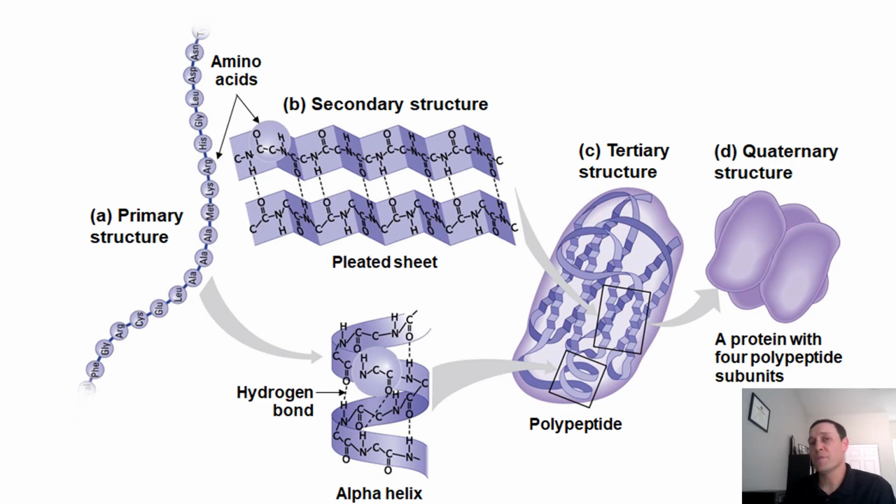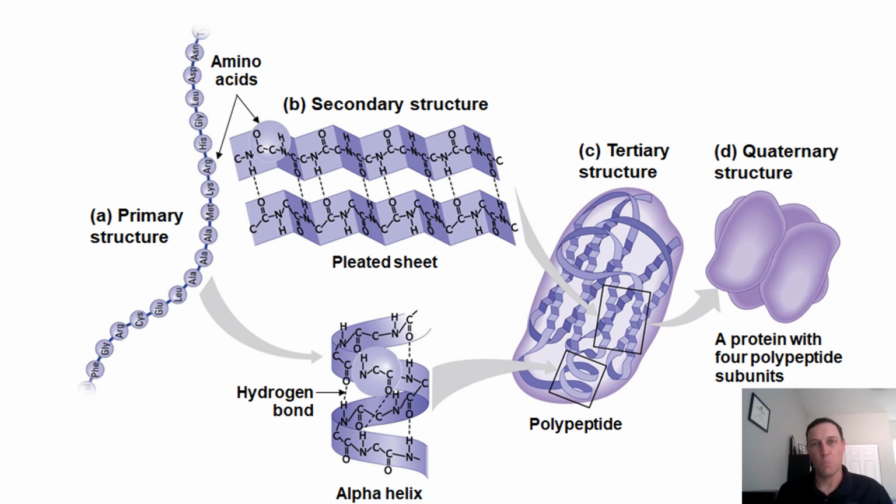Okay, from there we have what's known as quaternary structure, which is something that we use to describe still three-dimensional shape, but for those proteins that have multiple subunits or multiple chains of amino acids. So about 2/3 of proteins are estimated to contain more than one chain of amino acids.